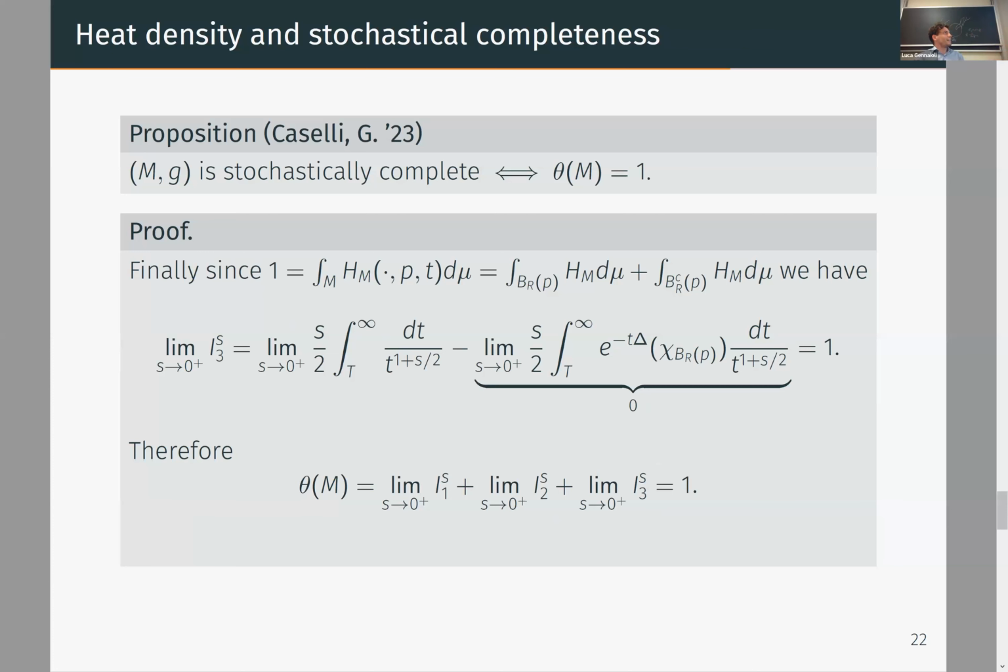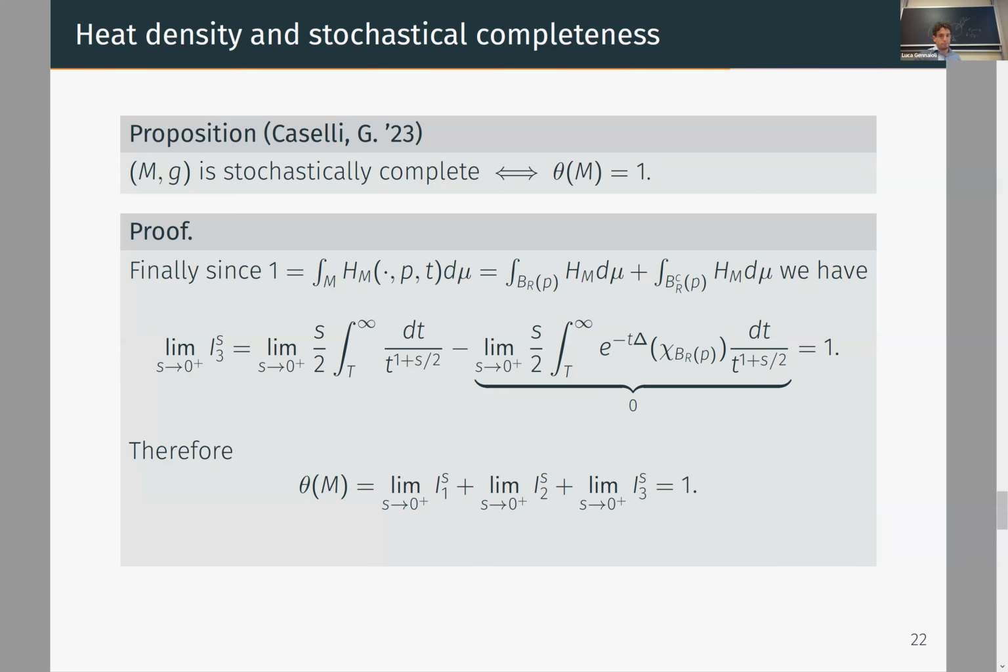The second one is the convergence of the kernel we saw in the case of infinite volume manifolds, because this solution is the integral of the kernel over a ball of radius r. But the kernel goes to 0 uniformly, so this goes to 0 uniformly, and therefore in the limit as s goes to 0, you get 0.